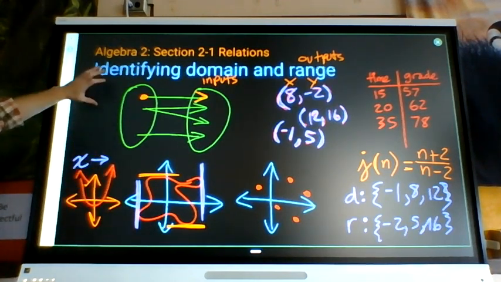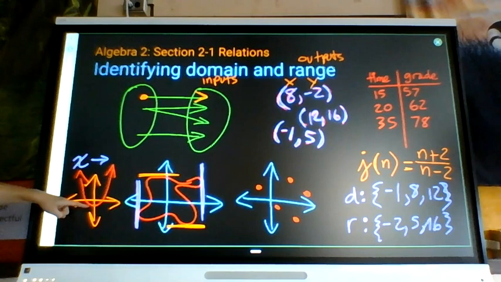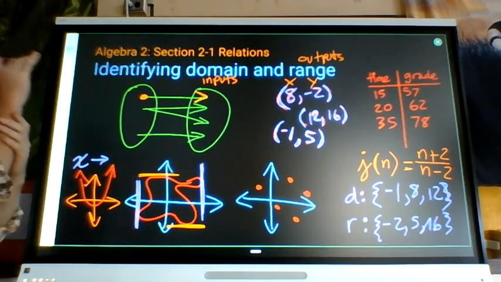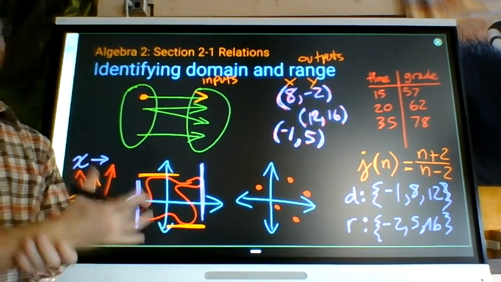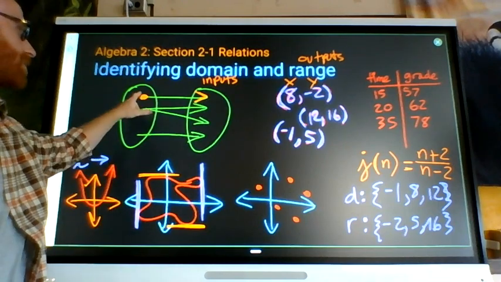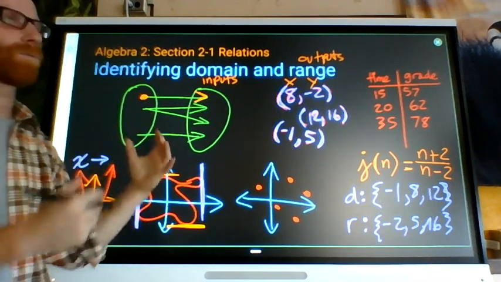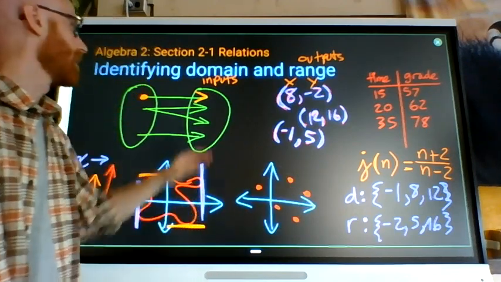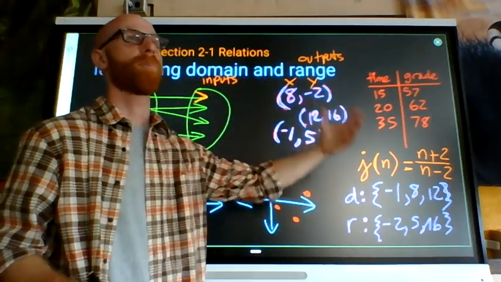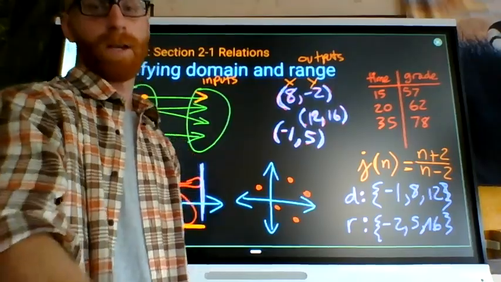Well, it can be anything above negative 6, for example. Okay, so your range would be limited. There'd be a lower bound, but no upper bound. But anyway, a domain is what are my possible input values? List all my possible input values if there's discrete data, or my input values go from this to this if it's continuous data. And range is what are all my possible output values.